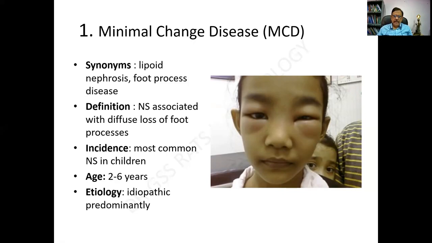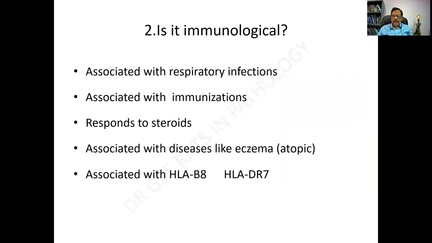More common in children, particularly in the age of 2 to 6 years. And the predominant etiology is idiopathic. That is, we do not know the cause of the disease. But it can be associated with respiratory infections, with immunizations, etc. Because of this, an immunological etiology has also been suspected.